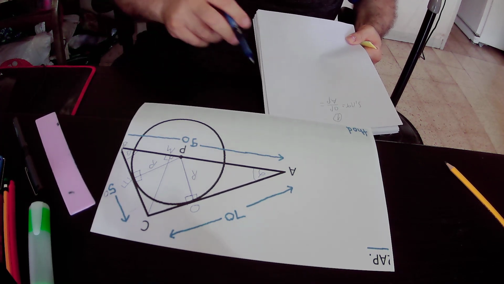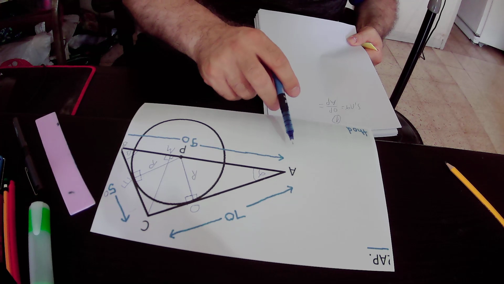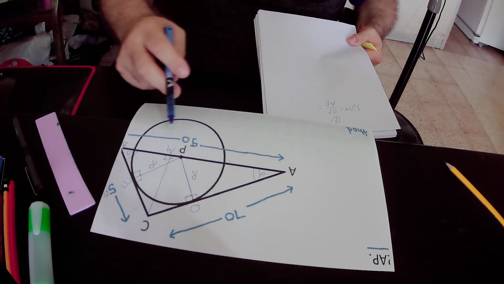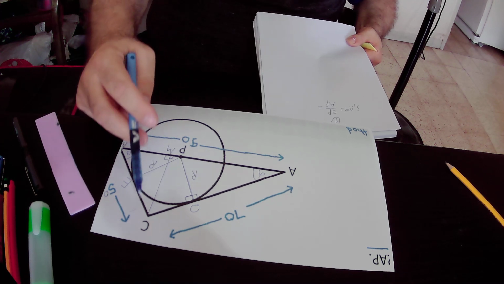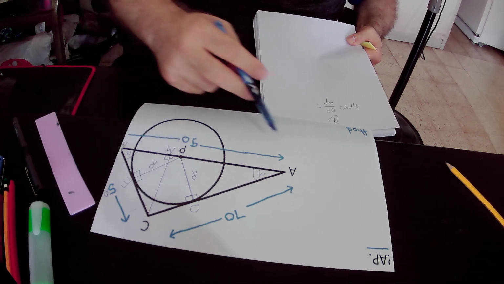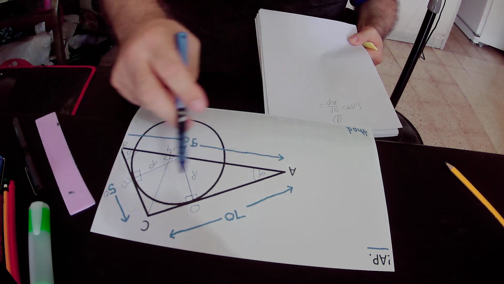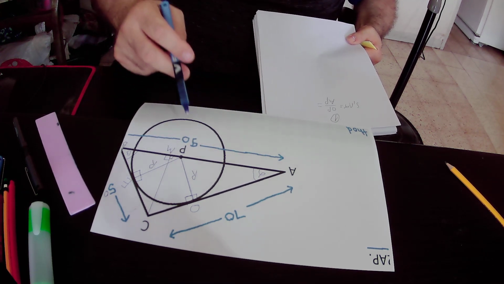And also if we look at triangle ACM, that is also a right triangle because angle CMA is 90 degrees. For that reason, triangle ACM is a right triangle.